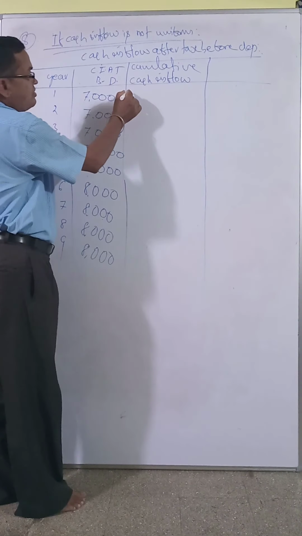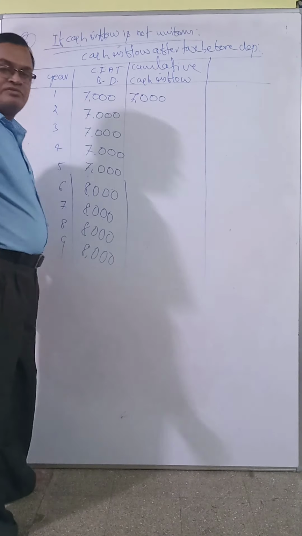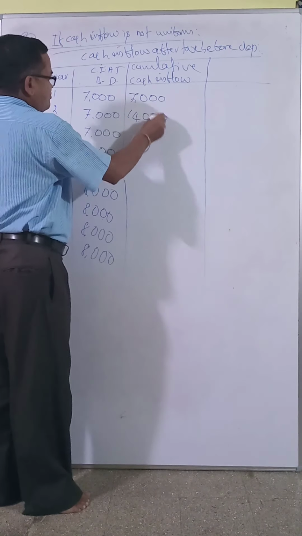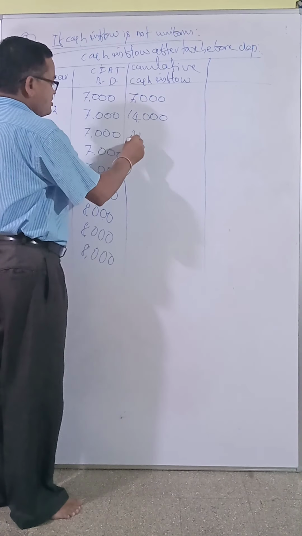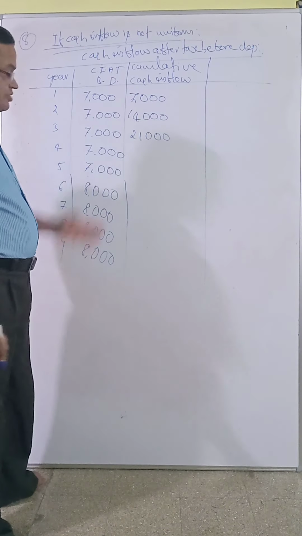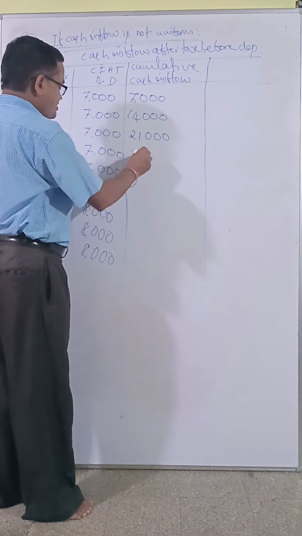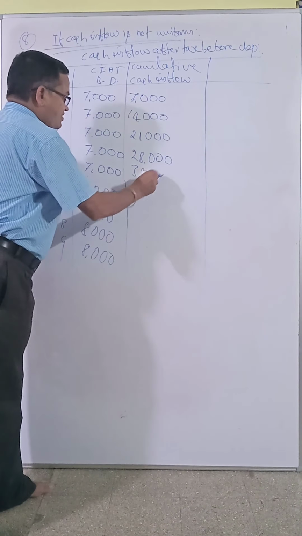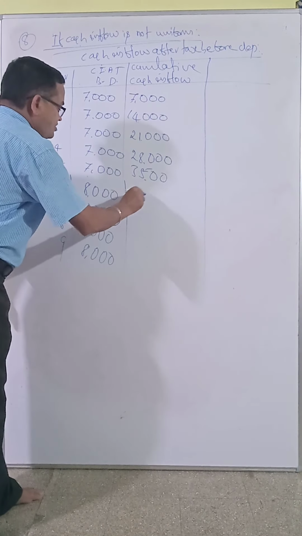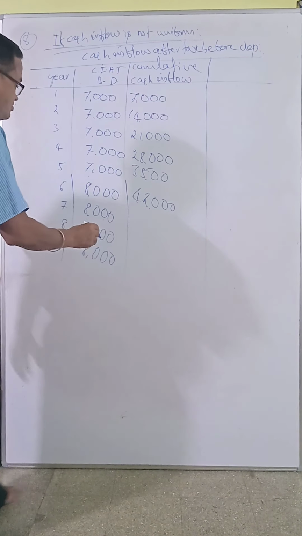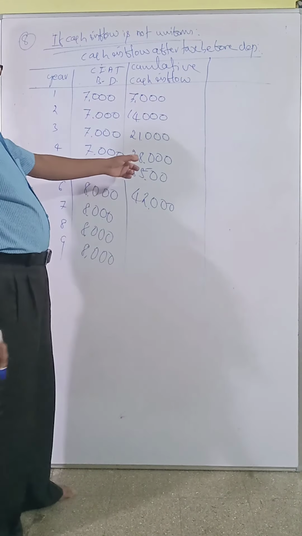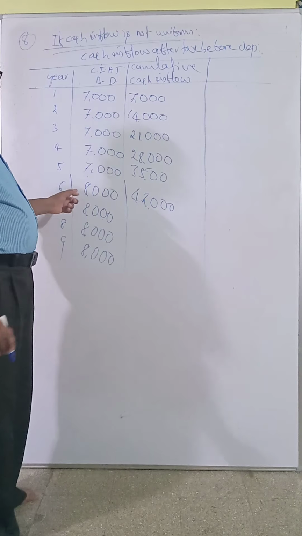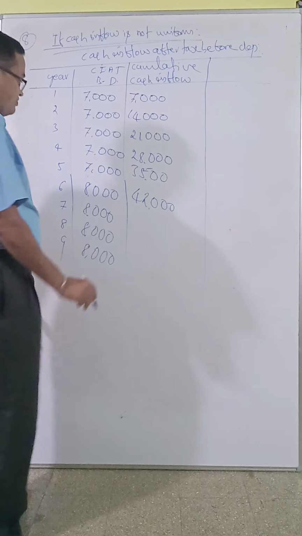First year, 7,000. Then add 7,000 plus 7,000, 14,000. 14 plus 7, 21,000. 21 plus 7, 28,000. 28 plus 7, 35,000. 35 plus 8, 43,000.